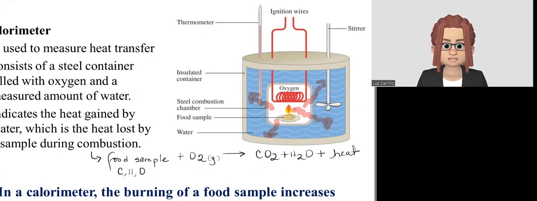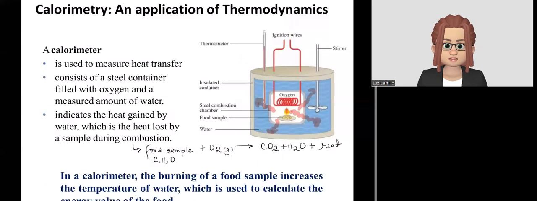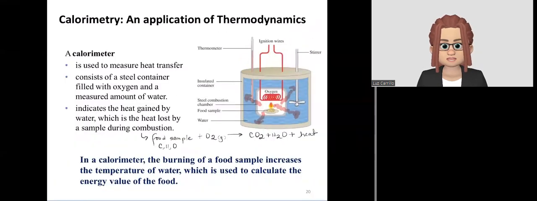Since this thermometer can detect the temperature of the water before and after the combustion, all this information is gathered, and through mathematical equations we can calculate how much energy is stored in a food sample by looking at the heat transfer from the food sample into the water.